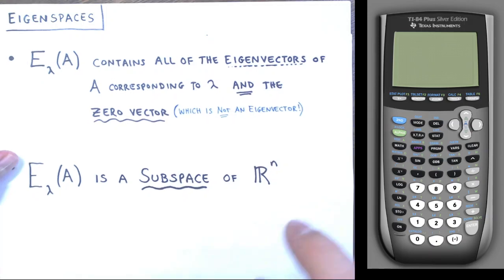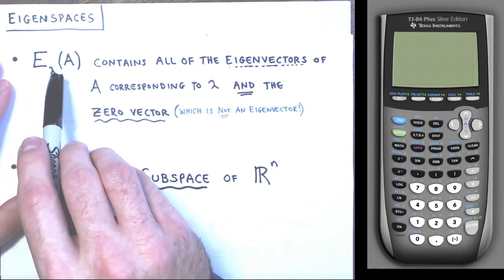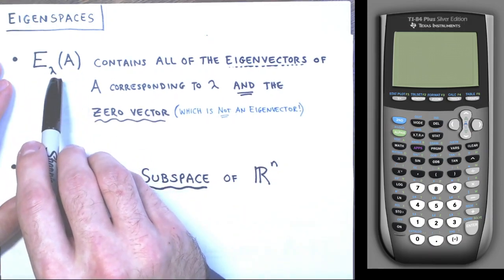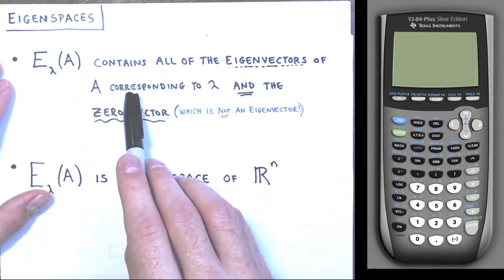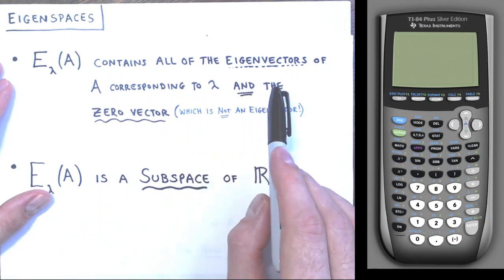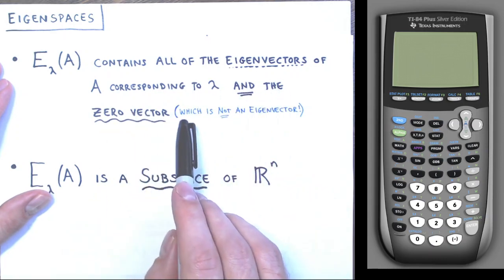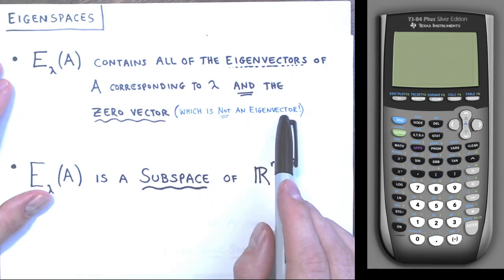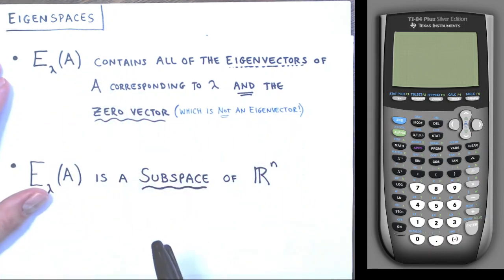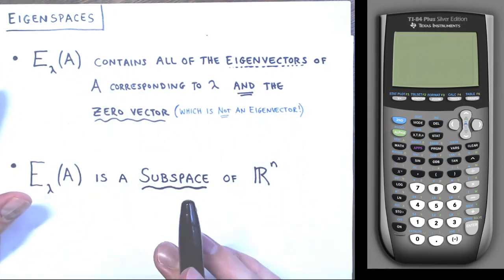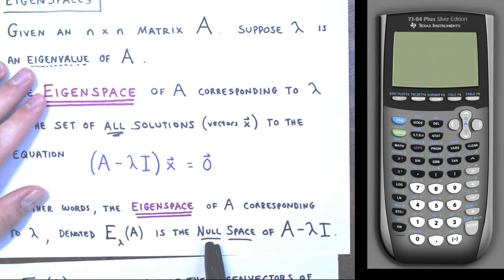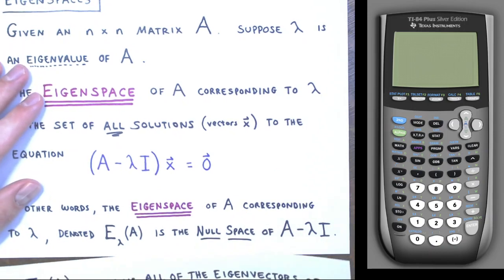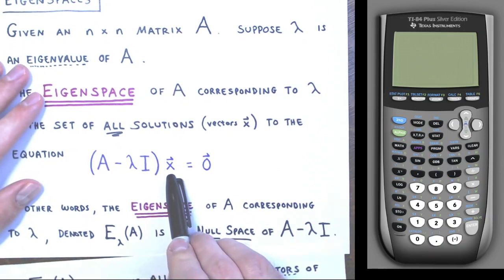So the eigenspace of A corresponding to lambda contains all of the eigenvectors of A corresponding to lambda and the zero vector. Remember, the zero vector is not an eigenvector, but having the zero vector in this set makes it a vector space. We've seen the null space of a matrix is a vector space, and zero is a solution to this equation right here.